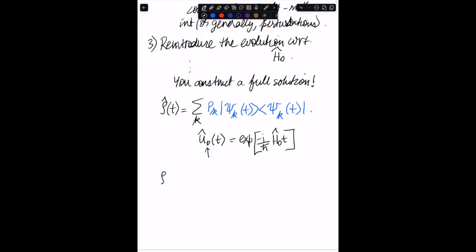And then your density operator reads as follows. It will be U hat 0 t sum over all k p_k ket psi_k(t) in the interaction picture.